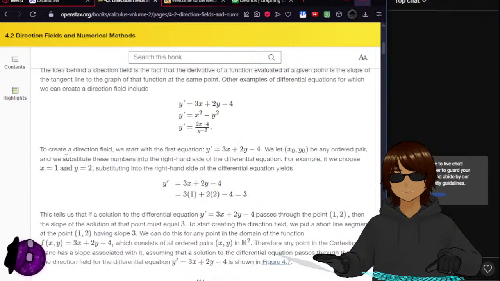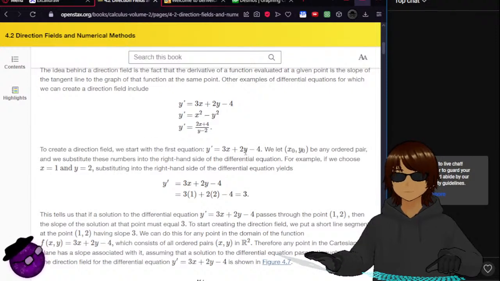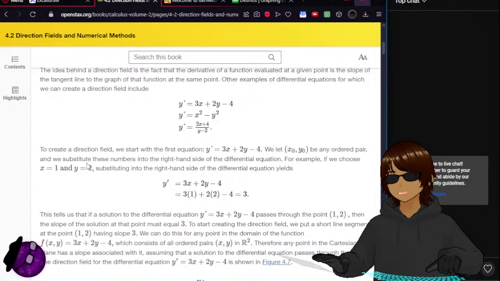To create a direction field, we start with the first equation. We let x naught and y naught be an ordered pair, and we substitute these numbers into the right hand side of the differential equation.